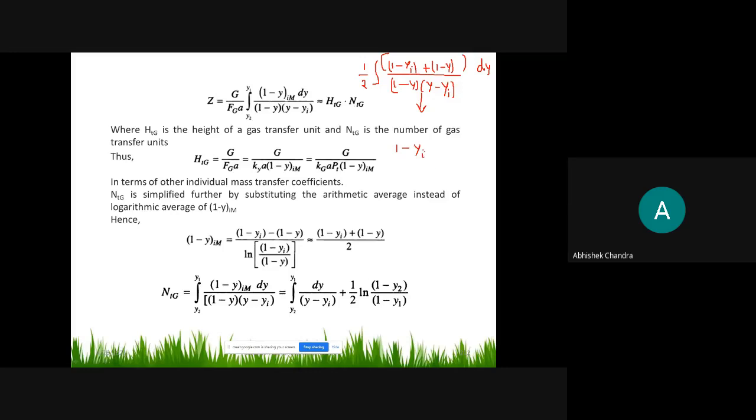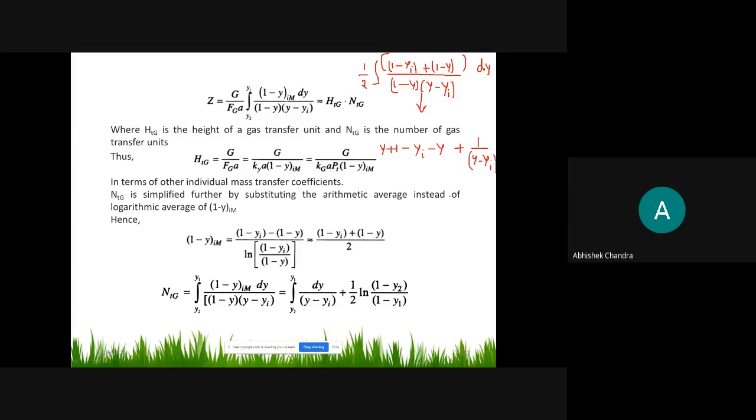We will add y within this and subtract y, that is, within the 1 minus yi we add y and subtract it. And the second term, 1 minus y, divided by this, so 1 minus y cancels out, and what will remain here is minus 1 minus yi.